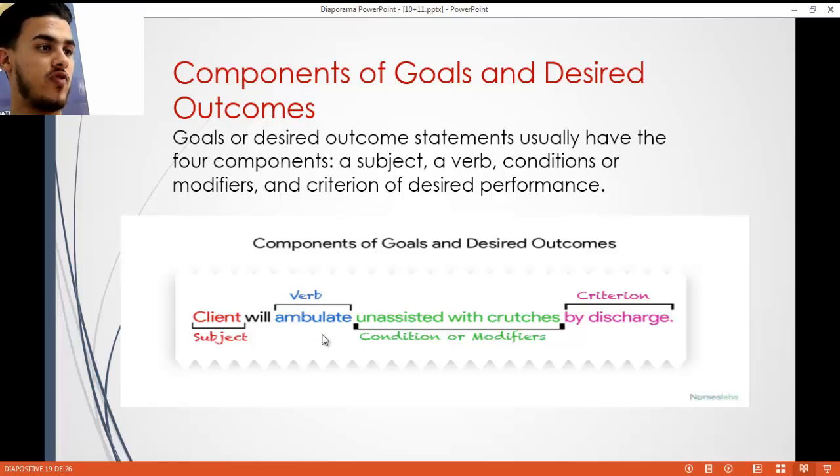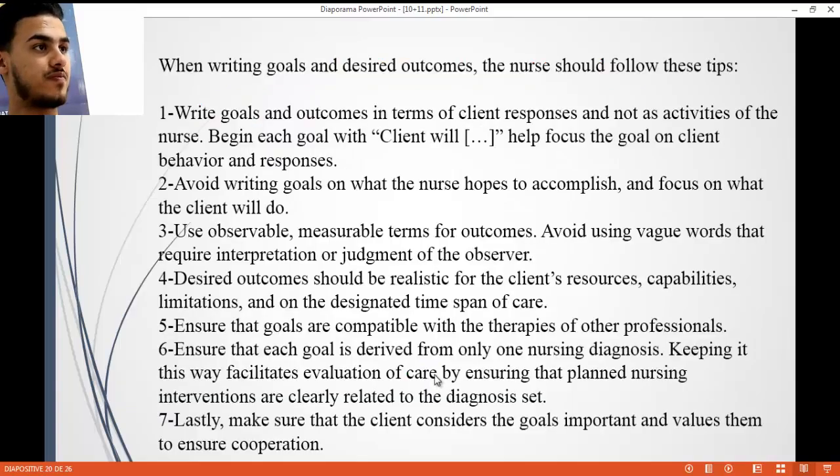The verb is ambulate. The condition or modifier is unassisted with crutches. Sometimes a person falls and breaks his leg, so after the period of treatment, he would be able to walk unassisted with the crutches. And finally we have the criterion, by discharge, which means by agreement of the therapist.